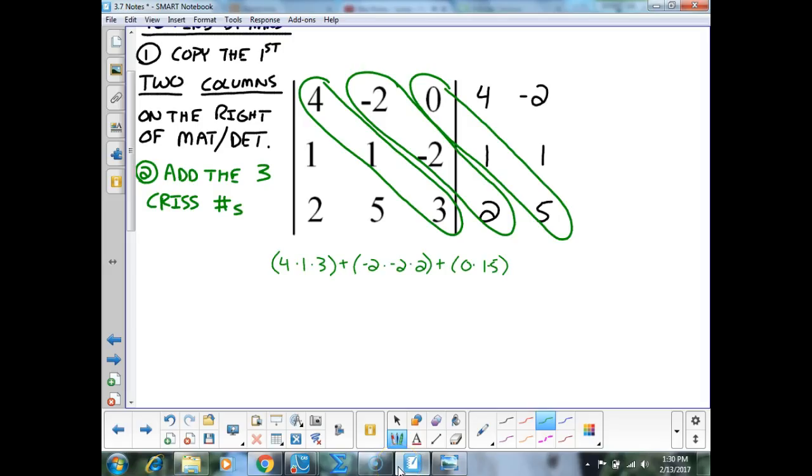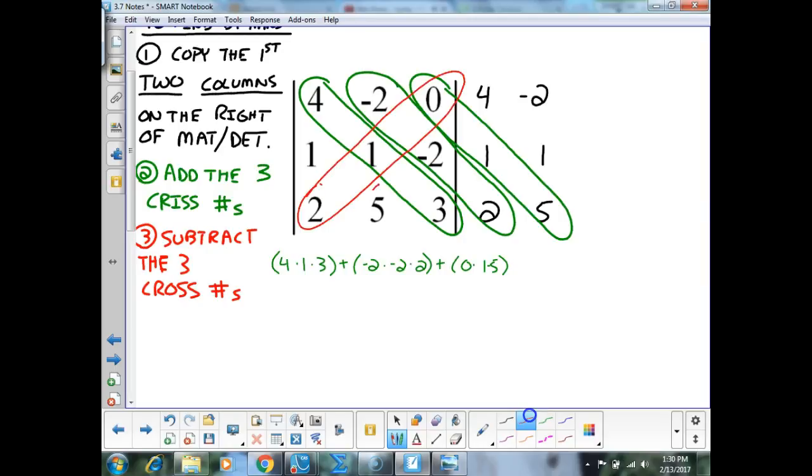Okay. Now I'm going to subtract off the 3 cross numbers. Okay? So my cross numbers, 1, 2, 3.